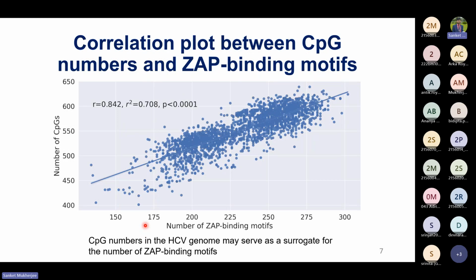When the CpG numbers and the ZAP binding motifs were plotted against each other, there was a direct, positive correlation. This states that if there are more CpGs in a viral genome, it has a higher propensity to be degraded by ZAP mediated restriction.